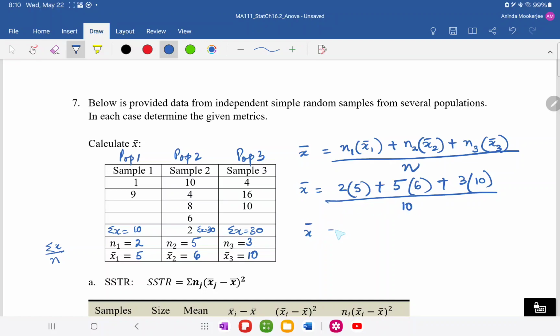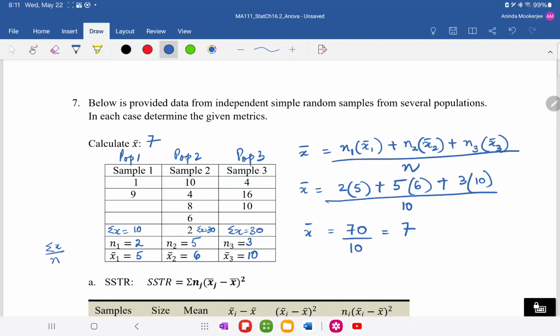So you're going to get 10 plus 30 plus 30 is 70, divided by 10. Our overall mean x bar is going to be 7.